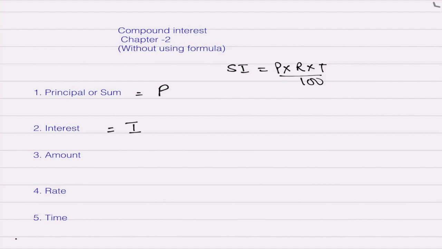The extra money paid for using other money is called the interest. Third is amount. Amount is the sum of principal plus interest, and this is denoted as capital A. Next is the rate. Rate is at what rate we have borrowed the money, that is denoted as R%. And the period for which the money is borrowed is known as time. It is denoted as T.